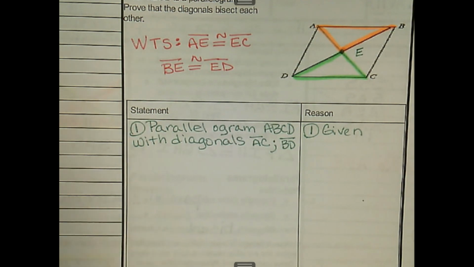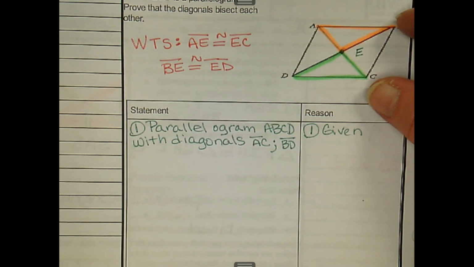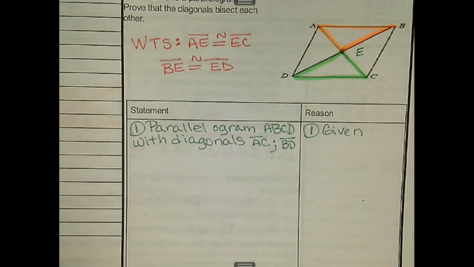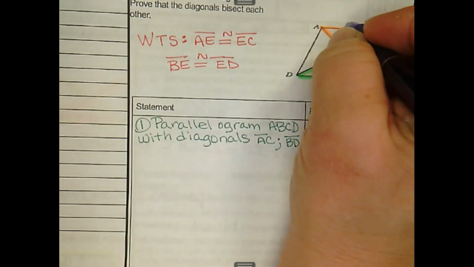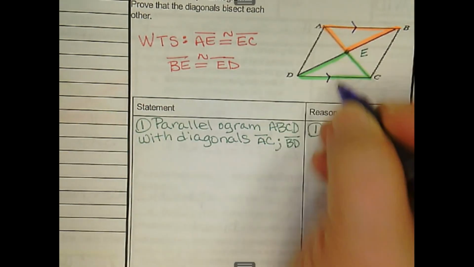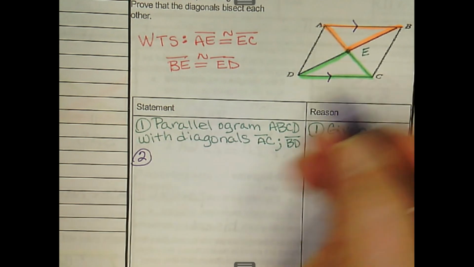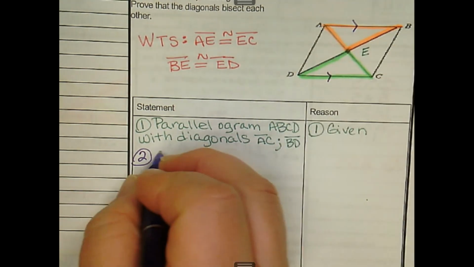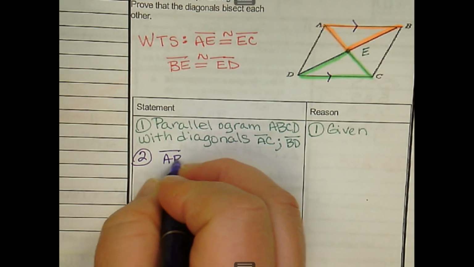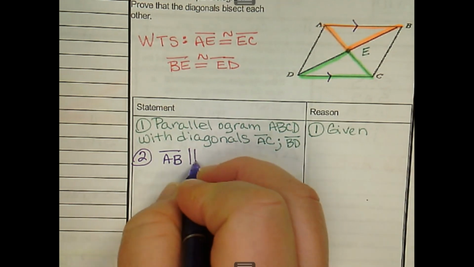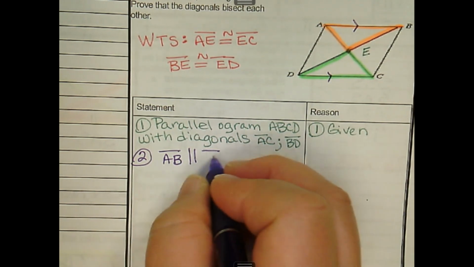Okay, so how are we going to start? Parallelogram. What do I know about these two lines here? They're parallel. So I can start by saying segment AB is parallel to segment BC.